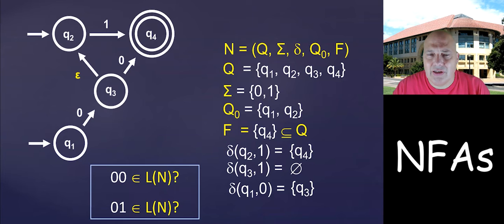Well, you would still start with Q1. You take a 0 to Q3. But now, how can you take a step with 1? Well, you can first make an epsilon move from Q3 to Q2, and now take a step with 1. So both of these strings are in L(N).